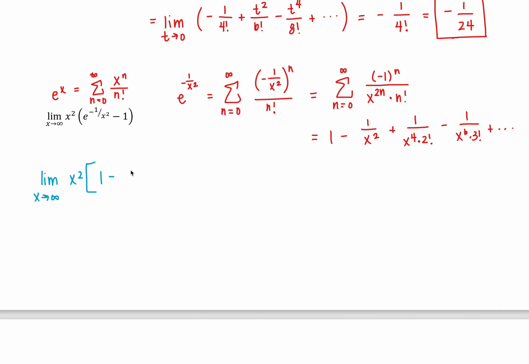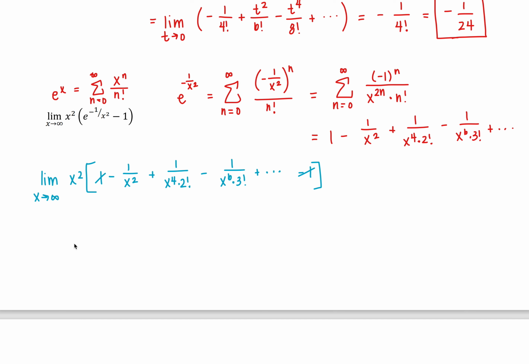So we have 1 minus 1 over x squared plus 1 over x to the 4th times 2 factorial minus 1 over x to the 6th times 3 factorial, and so on. Minus 1, don't forget that minus 1. So of course, the 1 here in the front and the negative 1 all the way here at the right are going to cancel out, leaving us with the terms with the x's.